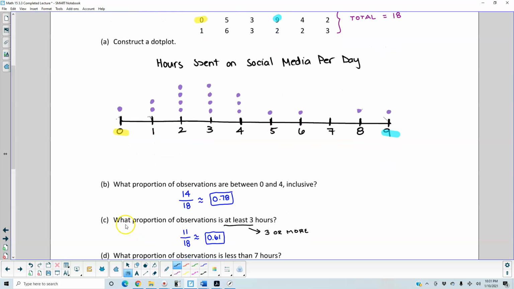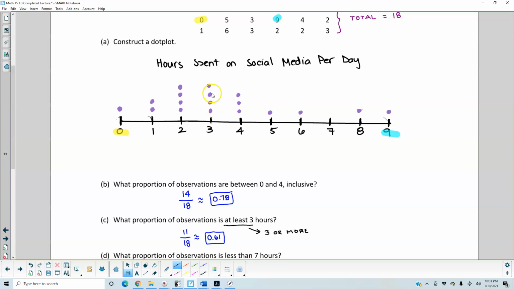Now, the next question says, what proportion of observations is at least 3 hours? At least means 3 or more, so it's really important to understand what at least means. Every time you see at least, it means whatever that number is or more. So we need to include the 3 and go all the way to 9. How many dots do we have?